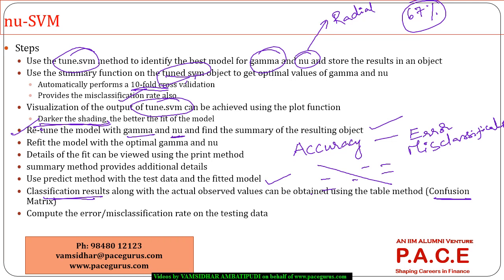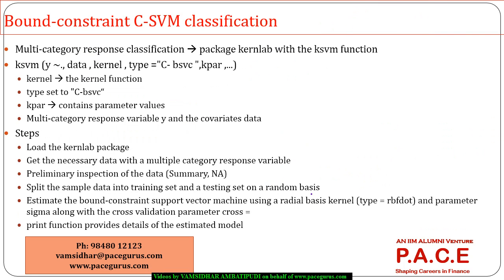Now, the bound constraint C-SVM classification is also targeted towards a multi-category response. But this is accomplished not through the e1071 package, as we executed the C-SVM as well as the Nu-SVM. Those two were executed from the e1071 package, whereas the bound constraint C-SVM is executed from the kernlab package.